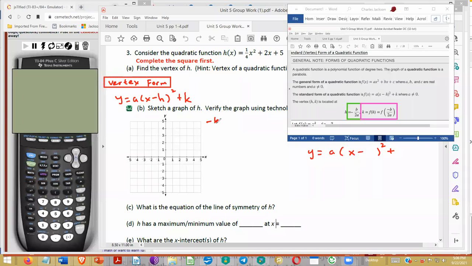Minus b over 2a is minus 2 over 2 times 1/4, the bottom is 2 over 4 if you multiply across.